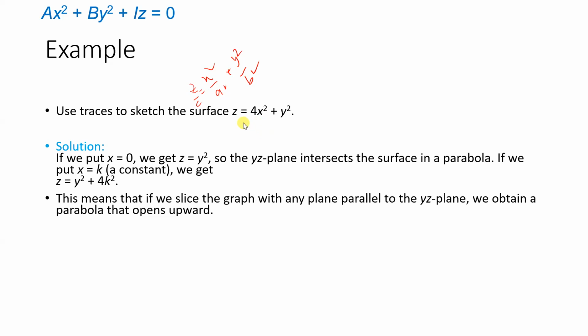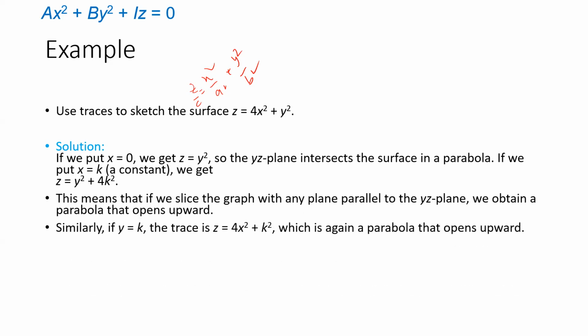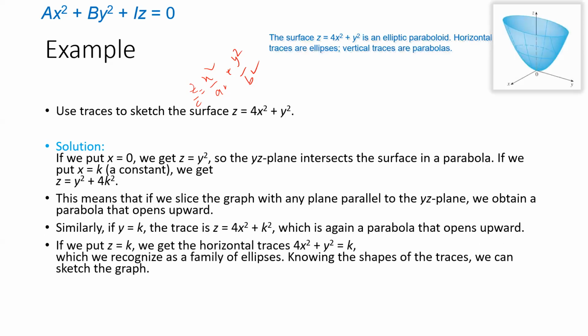Okay, and for x is equal to 0 we have parabolas, for y is equal to 0 we again have parabolas. So its vertical traces are parabolas and its horizontal traces are ellipses. So we can draw this surface like this.